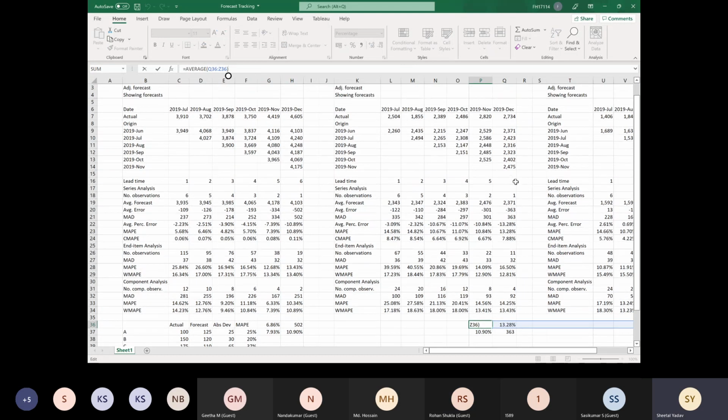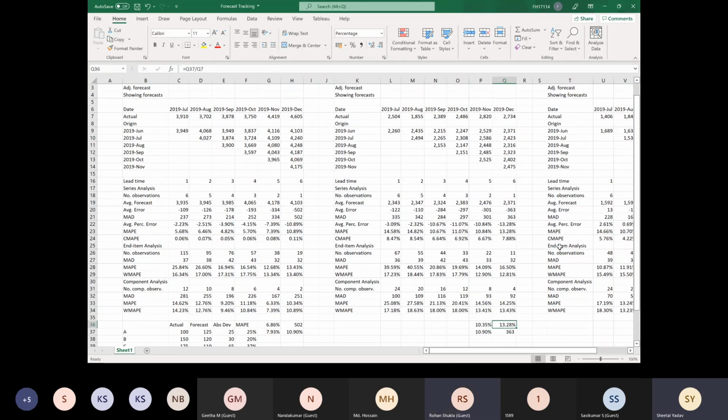In this case, because I was looking at lead time 6, I had only one observation. So I'm taking this actuals and this forecast. Because this is just one item, my MAPE and WMAPE are going to remain the same.